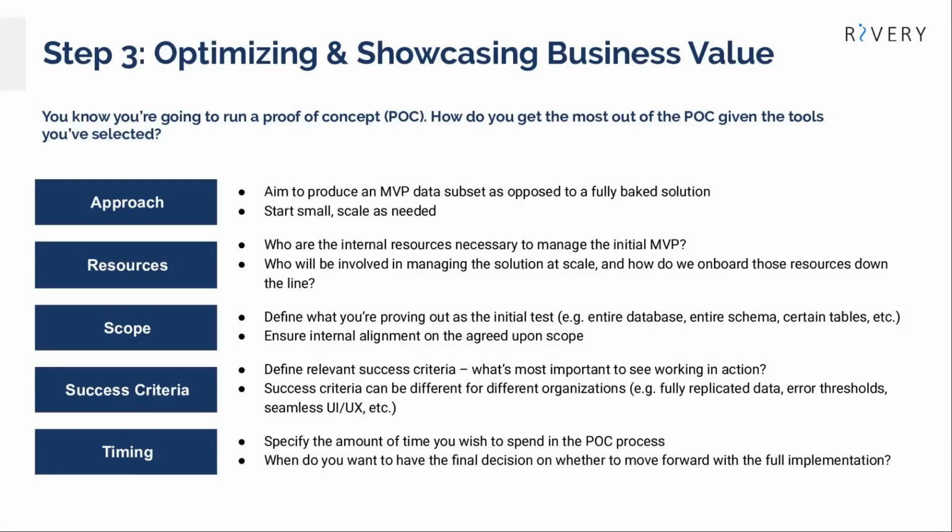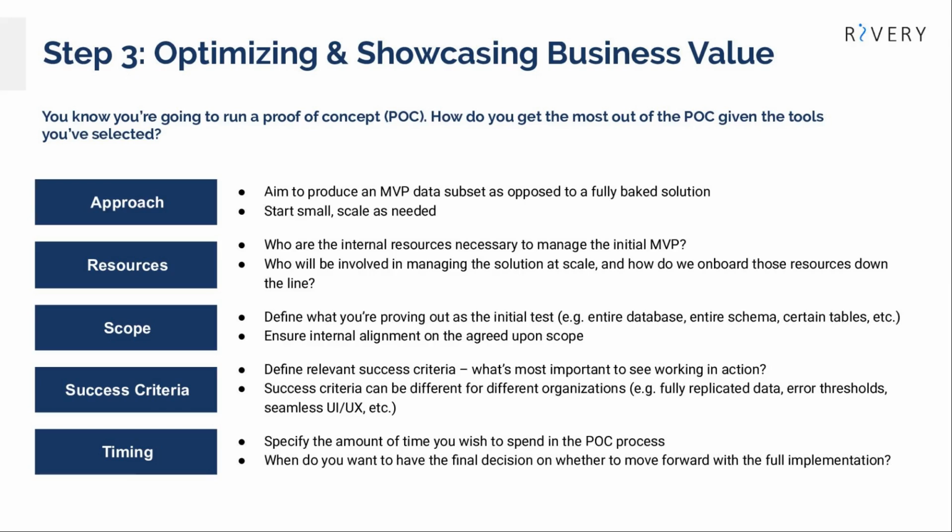Next up is success criteria. So determine what's the most important thing to see working in action in the POC. And note here that each phase of the migration will likely have different success criteria and that different organizations can and will prioritize success criteria differently. POC progress should be checked against these predefined success criteria on an ongoing basis.